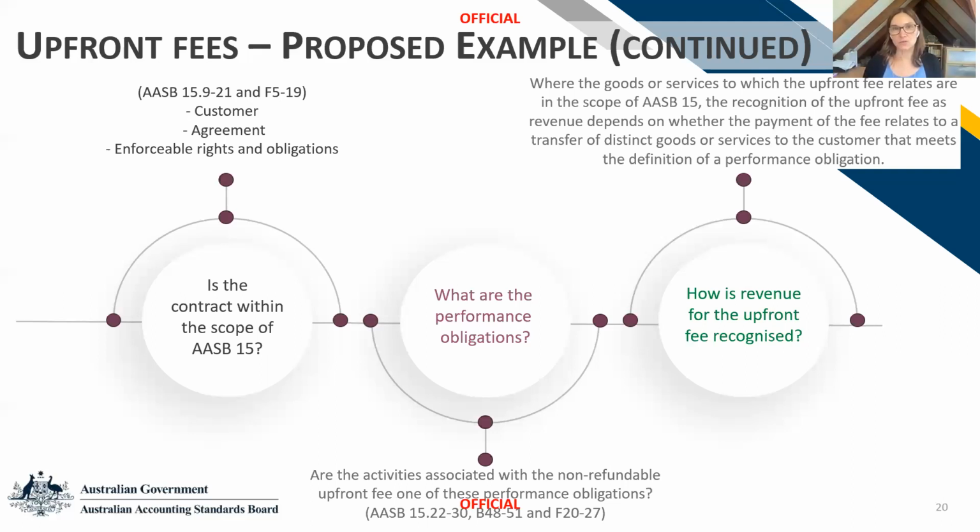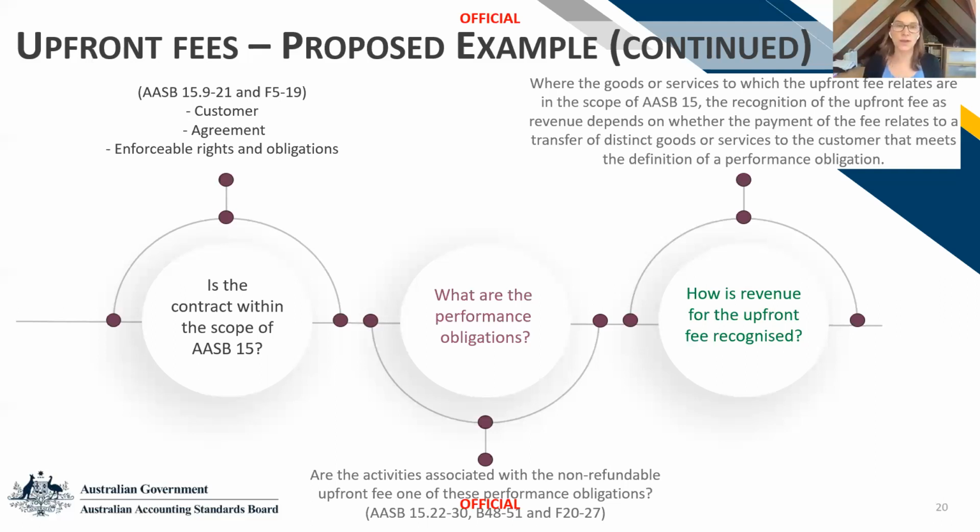Based on the answers to those two questions, we can then start working out how we recognise the upfront fee. So if we're effectively saying that the payment of that upfront fee and the goods or services that we provided in relation to that are a distinct performance obligation, then we unbundle it and we deal with it separately. In many cases, what I see in the not-for-profit space is it's not. It effectively forms part of this one performance obligation.